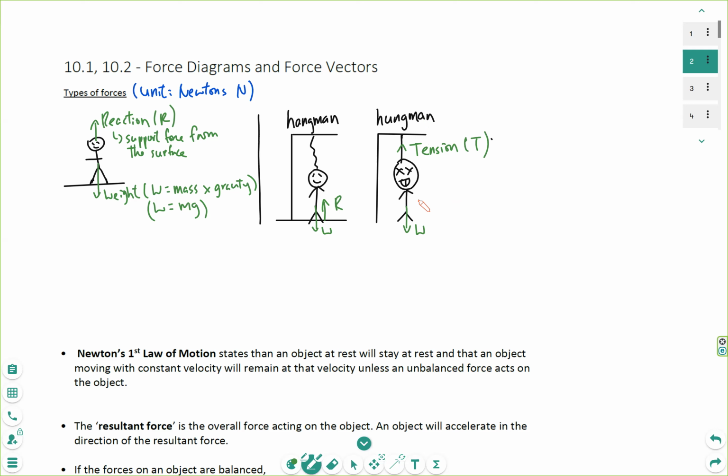Because if the person has zero weight, imagine zero weight, no mass, then the tension wouldn't do anything to the person. In here, the fact that the person died is because the weight is bigger than tension. So far we've introduced reaction, weight, and tension.